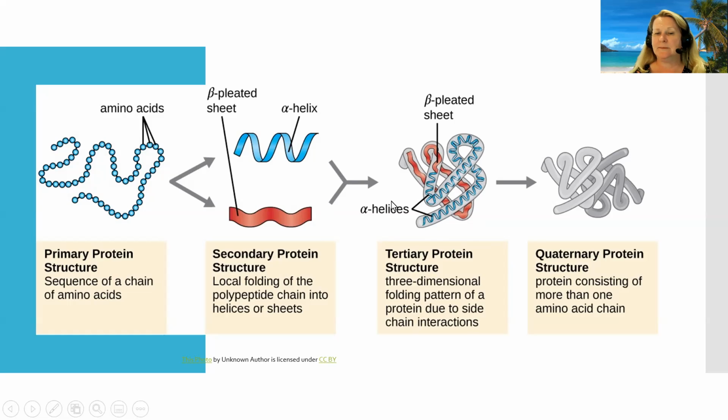Those helices and pleated sheets can fold in on each other, forming what are called tertiary structures. The way the proteins fold for tertiary structure depends primarily on the R groups, so whether they're hydrophobic or hydrophilic. And very complicated proteins that are made of more than one polypeptide chain have quaternary structure.